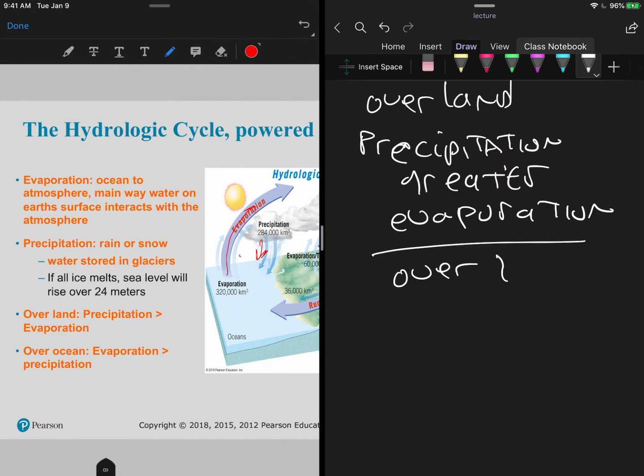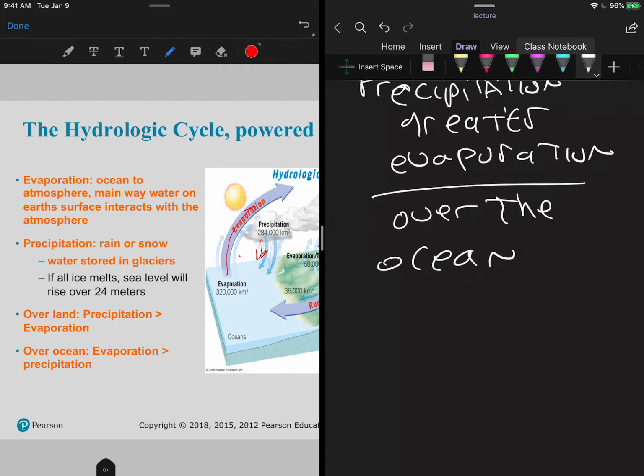So over the ocean, it's going to evaporate more because there's more water. So evaporation is going to be greater than precipitation.